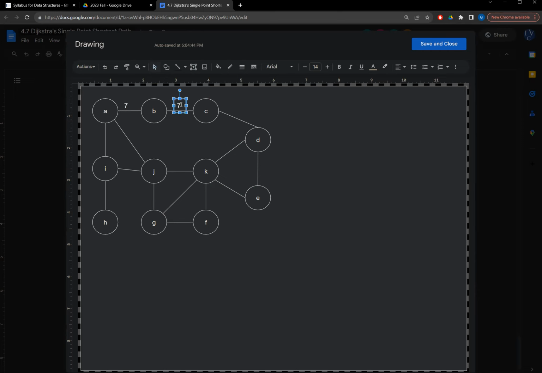And so just toss in some various edges in here, and non-negative weights. Remember that Dijkstra is a greedy algorithm.